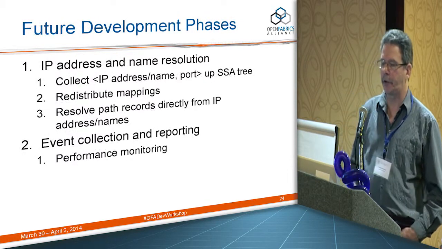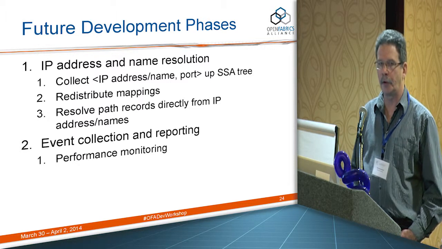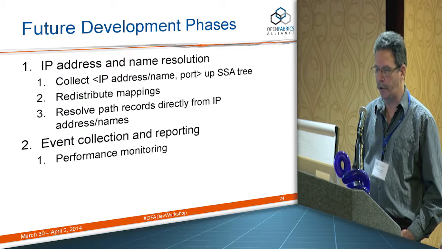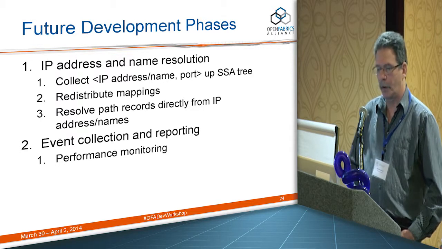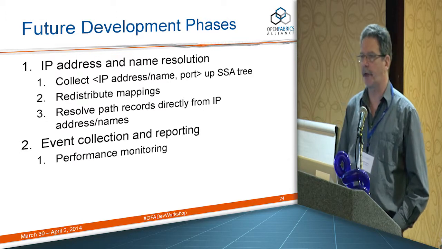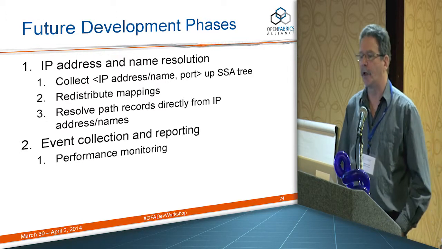Future developments would include IP address and name resolution. You'll hear more of the application-facing side stuff for this soon from Ira. And there are many other possible uses for this that can be done.